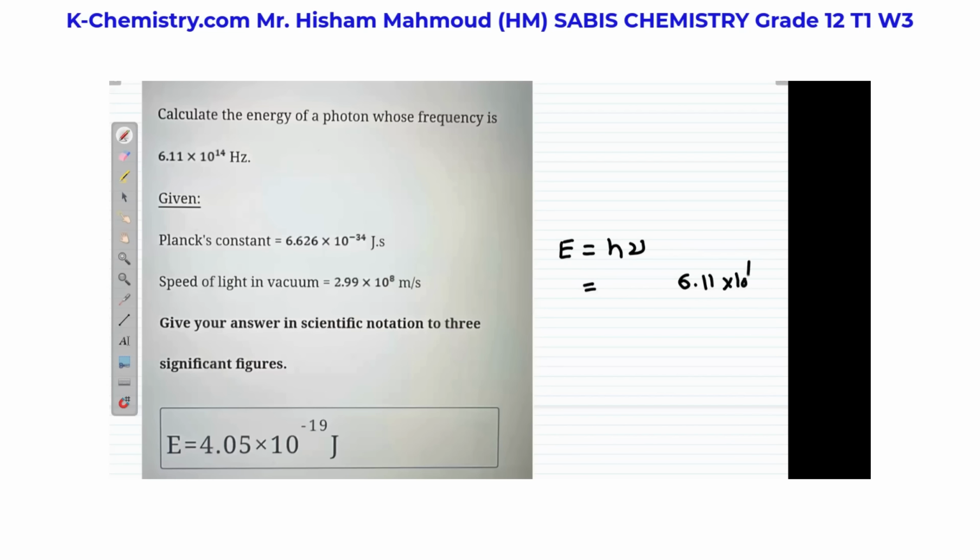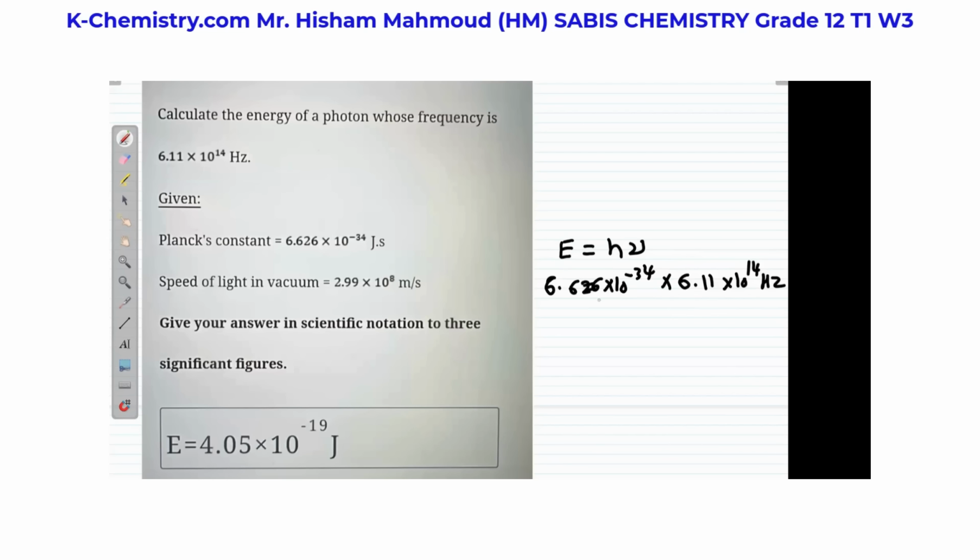6.11 times 10 to the power 14 hertz. And the h, or Planck's constant, is a constant given in the exam. That's 6.626 times 10 to the power of negative 34.